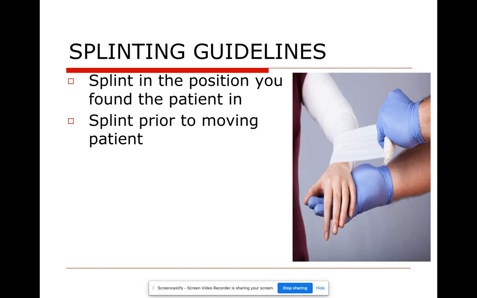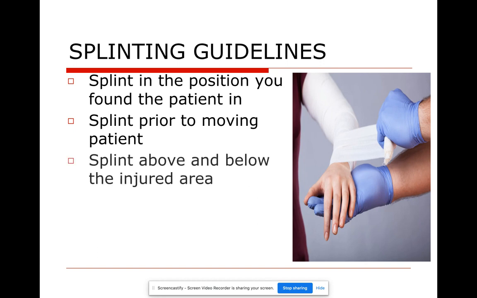But you want to make sure that you immobilize that area to make sure that the injury does not get any worse. Then you also want to splint above and below the injured area. So let's say if someone gets injured on their radius, we don't want to just splint that little piece that's fractured.